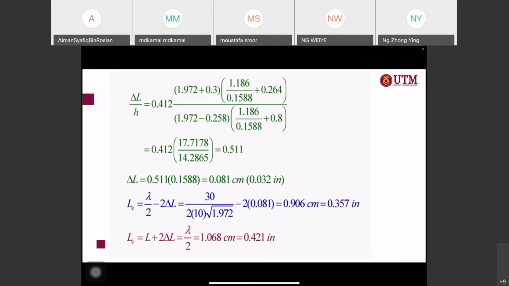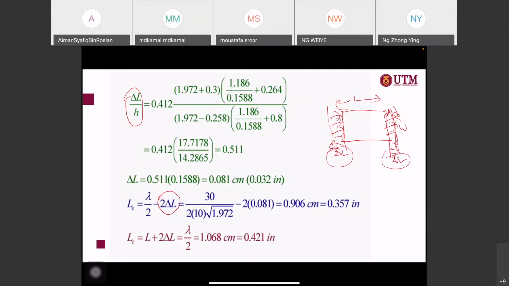And then you want to find the fringing field here. As you can see, this is your L and this is your W. The fringing field comes from this L here, so this is your delta L, and you have 2 delta L. So you have to subtract your delta L. This is the effective length of your antenna due to the fringing field as well.